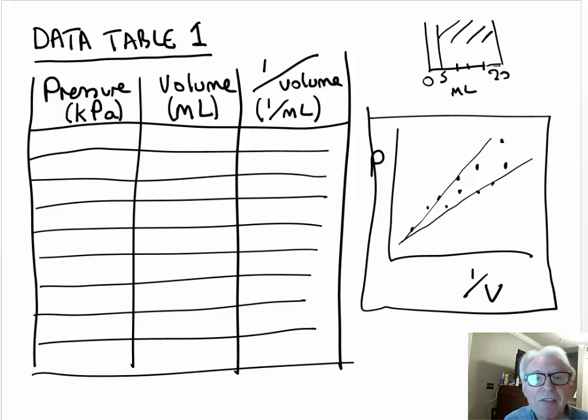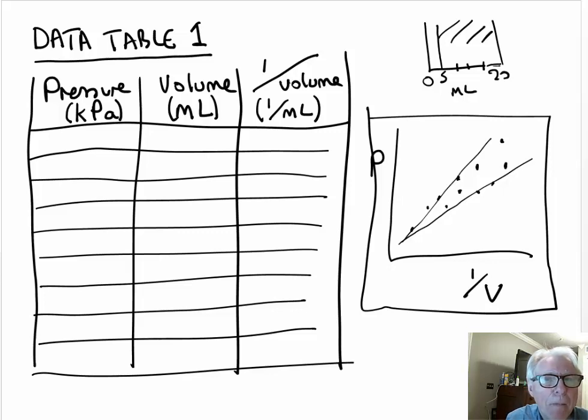So these are the first 5 data points, so you can play this part of the tape over and over again. For 5 milliliters, the pressure was 230 kilopascals. For 7 milliliters, the pressure was 210. For 10 milliliters, the pressure was 152.